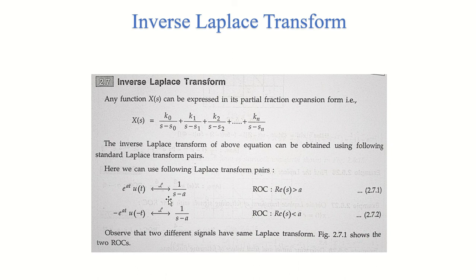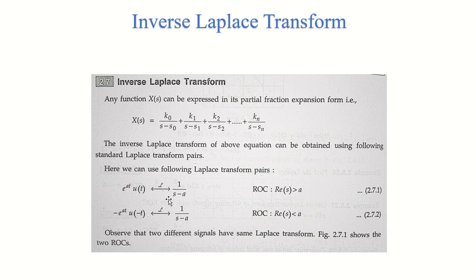So in order to make your Laplace transform converge, you have to take all the values of s greater than a in your ROC, right? So your region of convergence will be all the values of s greater than a.